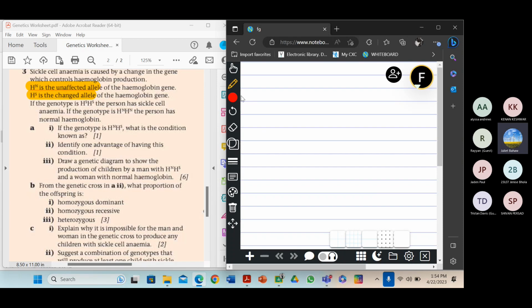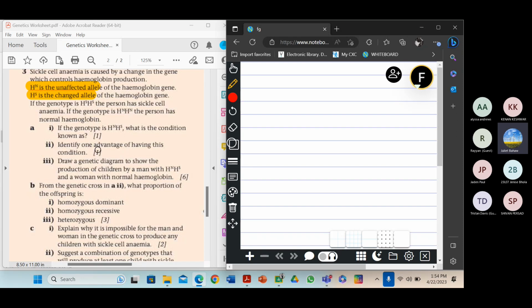Janice, what did you have? Number 3A, part 1. What was your answer there? Oh, a carrier. So you call it a carrier. That's the condition because they have a dominant and they have a recessive. Part 2: identify one advantage of having this condition.